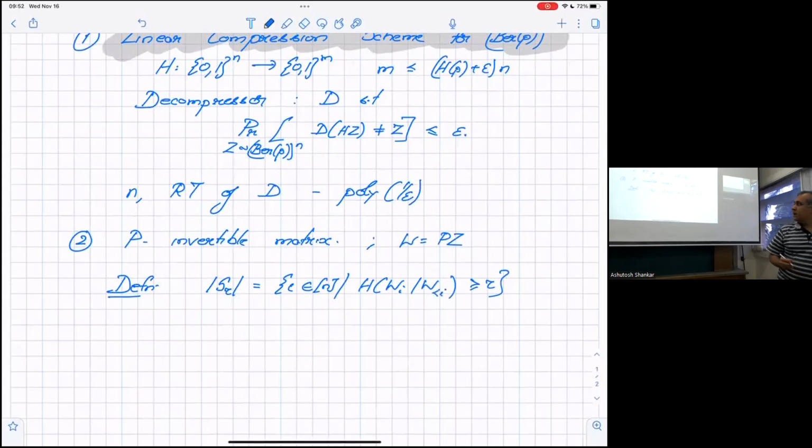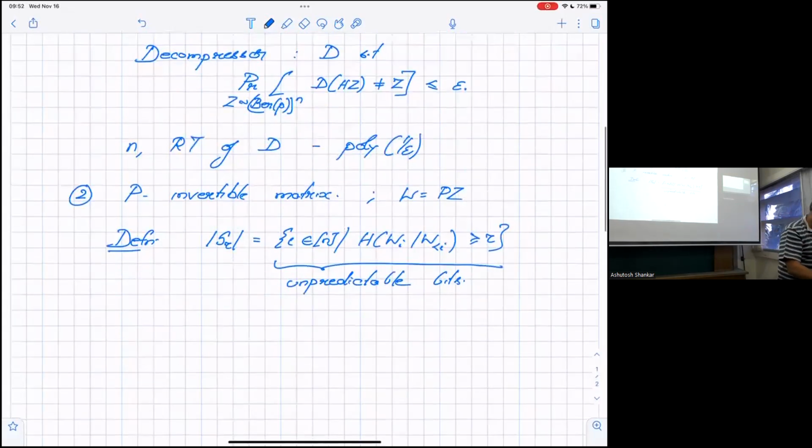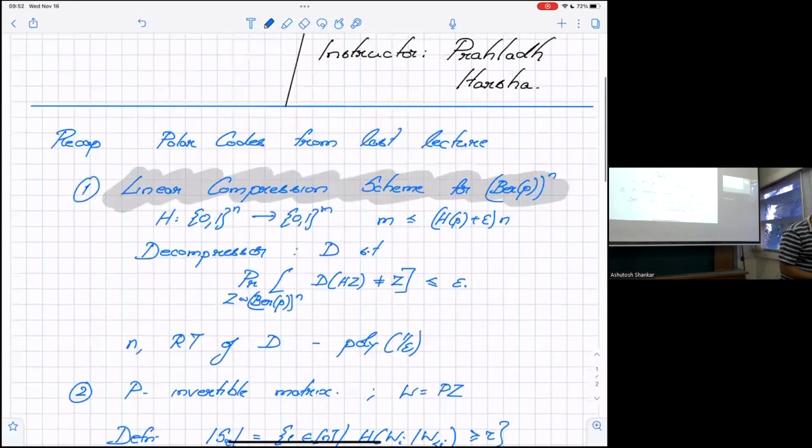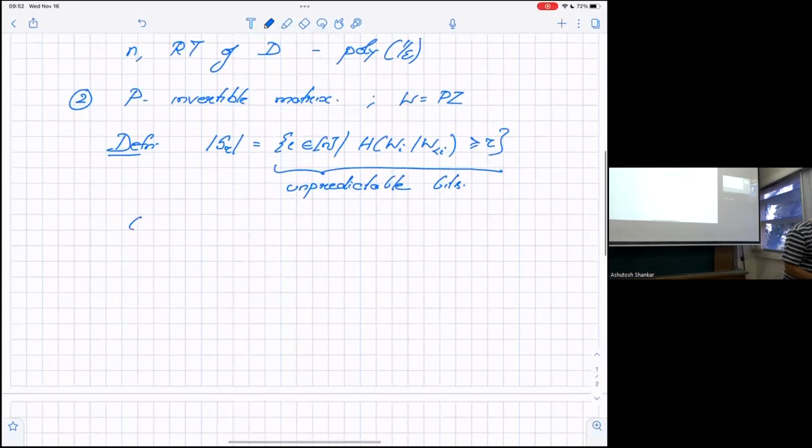So S tau basically is the set of unpredictable coordinates. We defined this S tau, and we had this notion of the matrix being epsilon-tau polarizing.